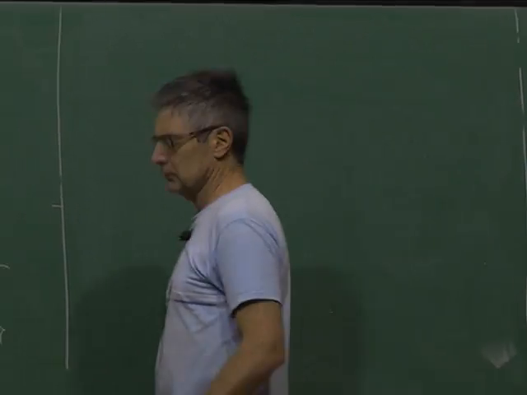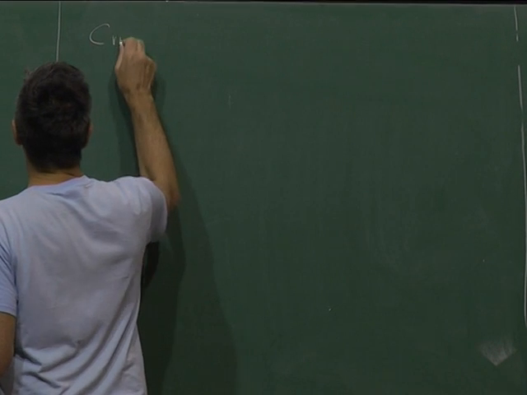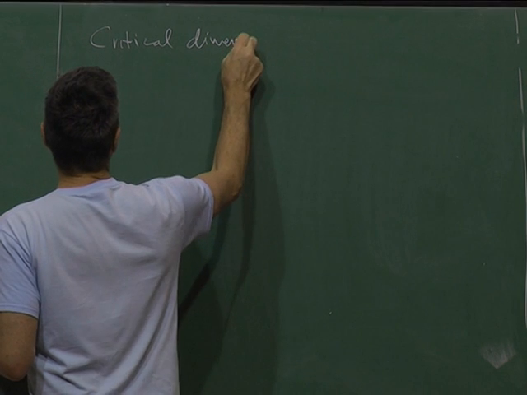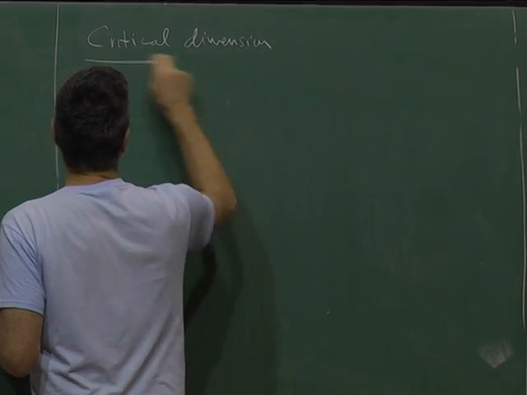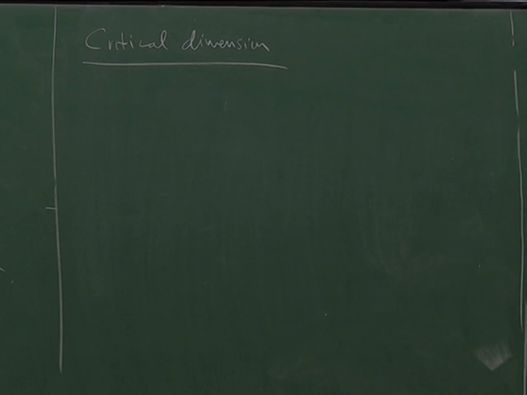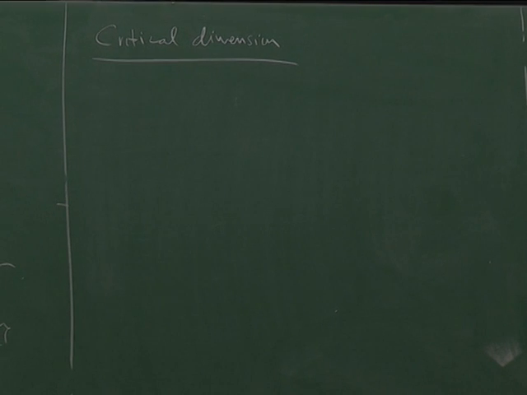So I'd like, in the remaining few minutes, to tell you a little bit about the critical dimension, which is something that I and my students have been working on recently in an attempt to say more about these various orbit equivalence classes and the measures that lie on them.